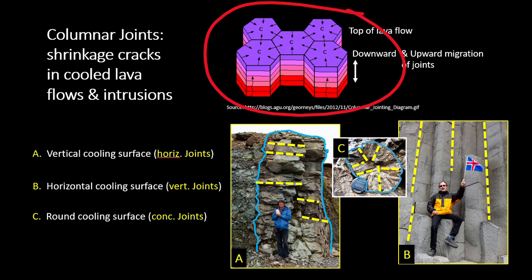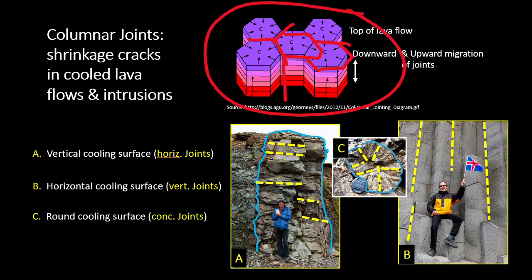As the magma cools, if it cools under appropriate conditions, then it'll shrink and shrinkage cracks will develop, whereby every point within the cooling magma pulls away from every other point. And the result under the right conditions is to get these polygon-shaped cracks that extend vertically downward in this case.